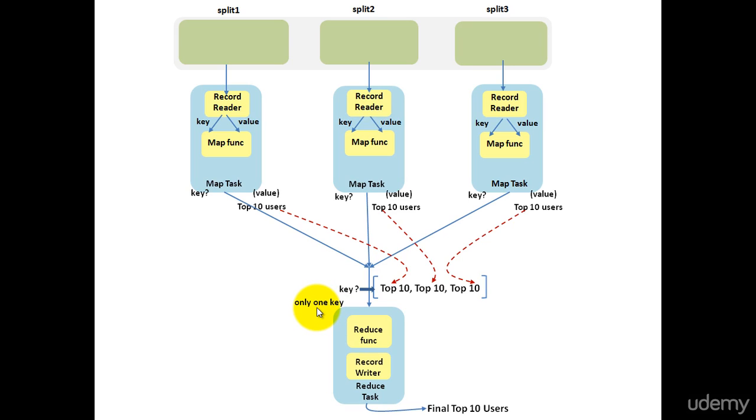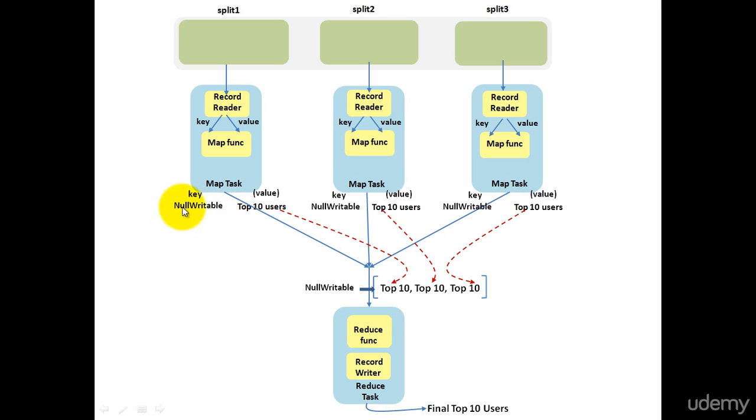You can choose anything that is unique and make it the output key. Here we will use NullWritable as the key, because NullWritable is unique in itself. NullWritable is a data type similar to IntWritable or LongWritable. Only thing is that it represents null, and null is unique.